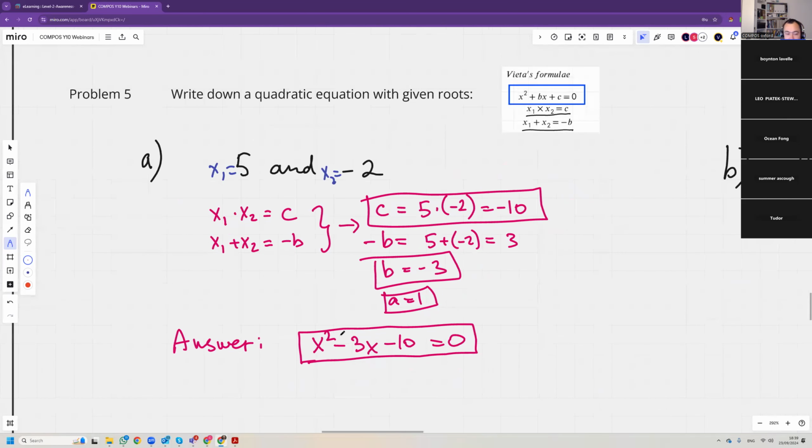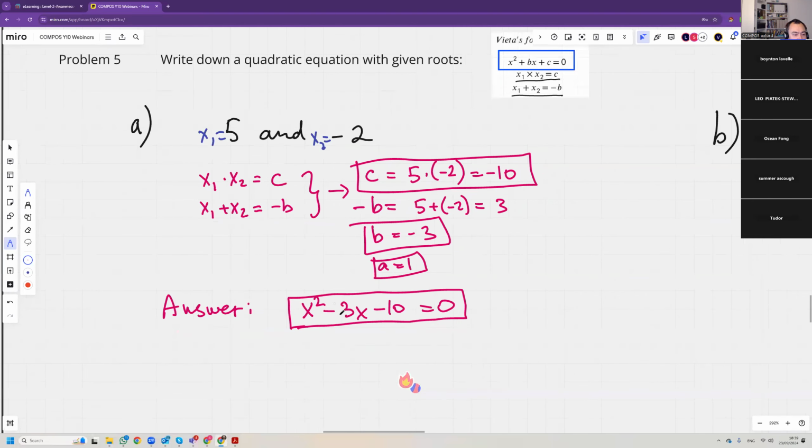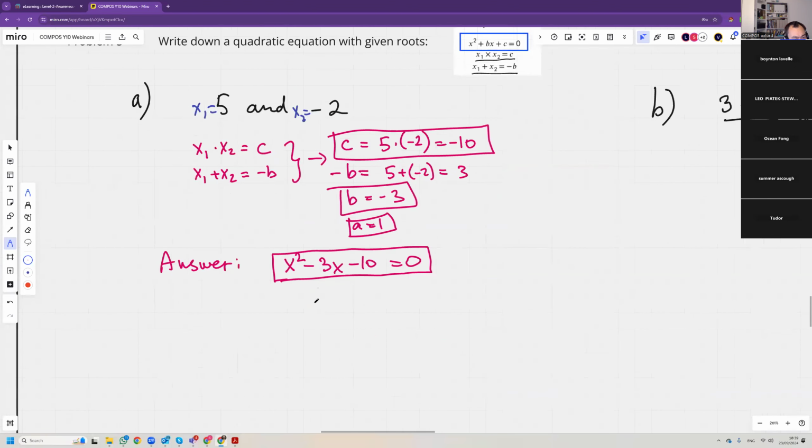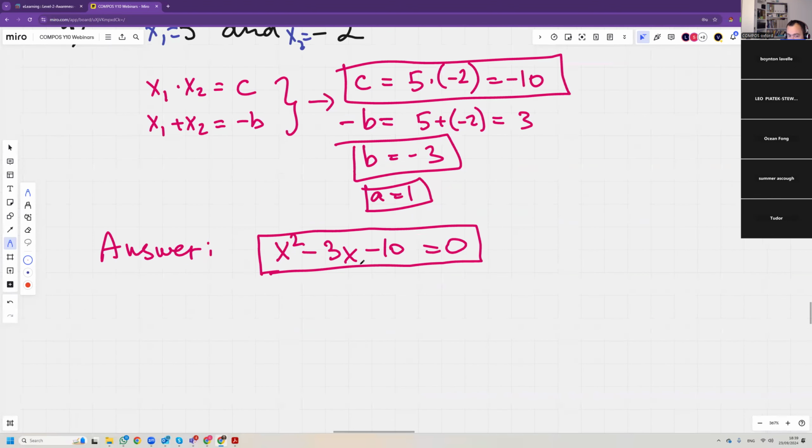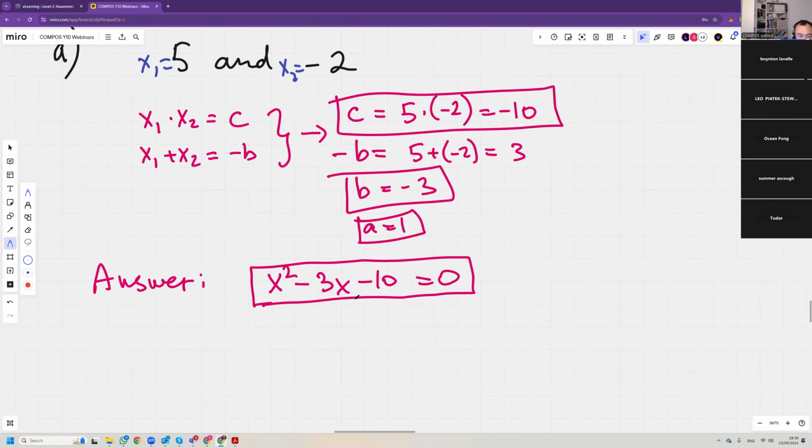Thank you, those who've done the answer. Now, this equation is not unique because you can always multiply the whole thing by 2, and you get 2x squared minus 6x minus 20 equals 0. So there's infinitely many quadratic equations with the same roots.